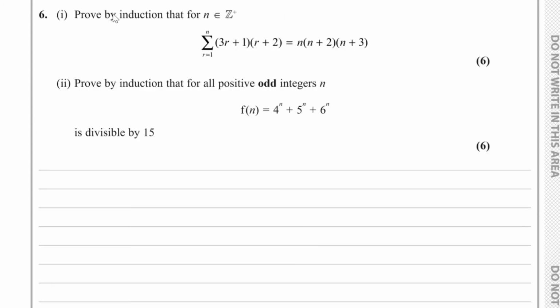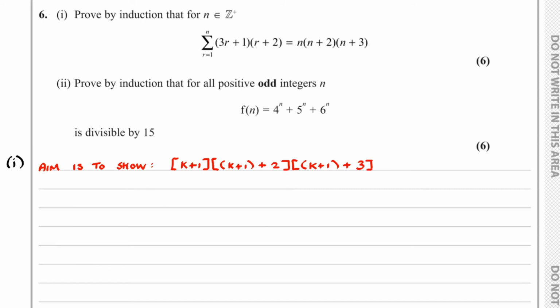Question number 6, for part I, we have to prove by induction that for all positive integers n, the sum from r equals 1 to r equals n of 3r plus 1 lots of r plus 2, that's equal to n lots of n plus 2 lots of n plus 3. And our aim over here is to replace everywhere where we see an n with k plus 1.